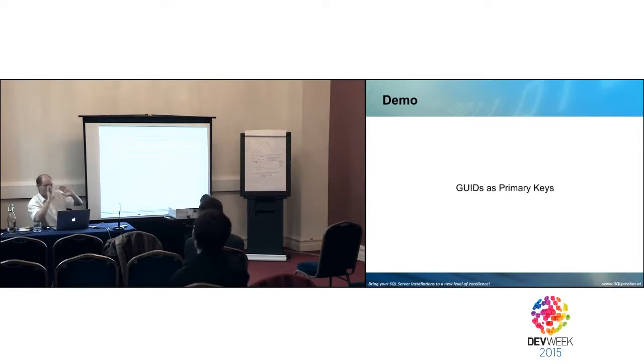And now we do the same thing with an int identity column as a primary key. I have the same table definition. We're just changing the data type to an int identity column. And again, we insert 100,000 records into that table. Then we check again our index fragmentation.